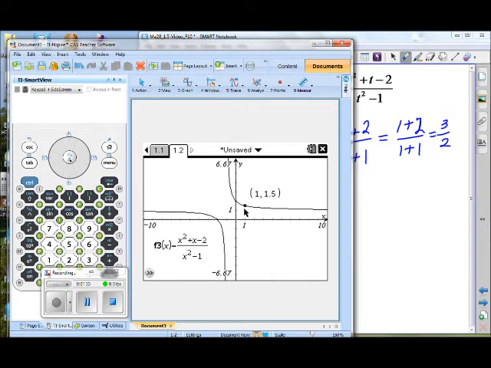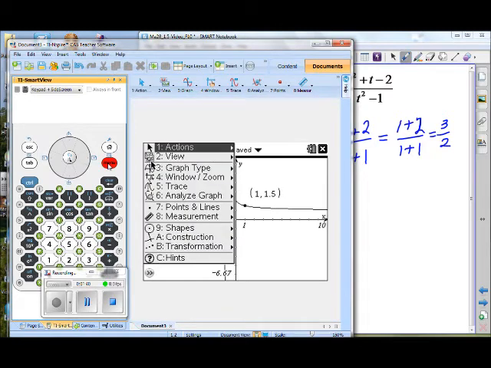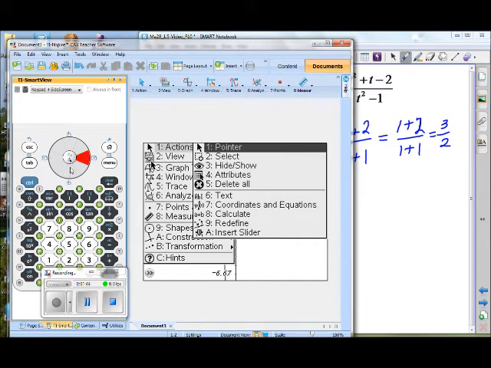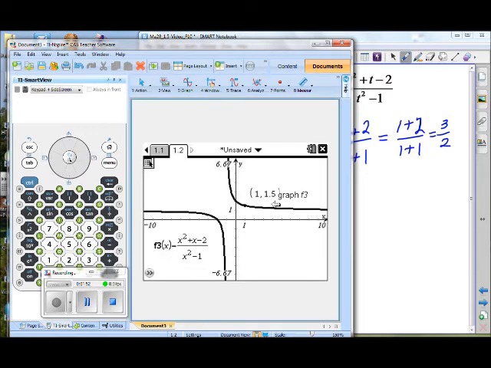You know that that point should not be closed in, and we need an open circle. So let's go to Menu, go to Actions, and come down to Attributes. Again, Menu, Actions, Attributes. And when we do that, we're going to take the cursor and go to what says Point On.